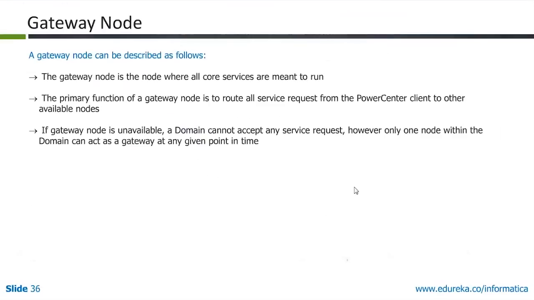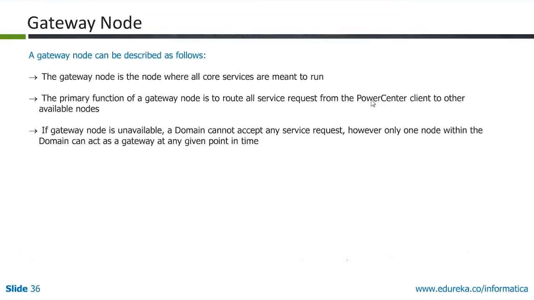Yeah, so as I was saying, if we have the high availability feature available through our licensing, we can configure more than one gateway node. One will be the master gateway node and the others will be normal gateway nodes, right? So one of the gateway nodes can take up the responsibility of the master gateway node if that fails.